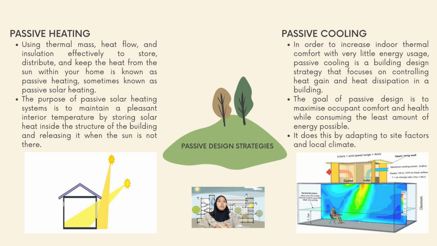An example of a passive system for space heating is a sun space or solar greenhouse. Passive systems also make use of materials with large heat capacity like stone, water or concrete to store and deliver heat. These are called thermal masses.